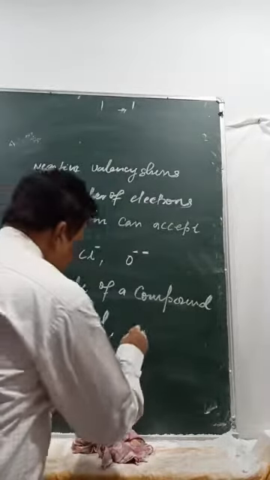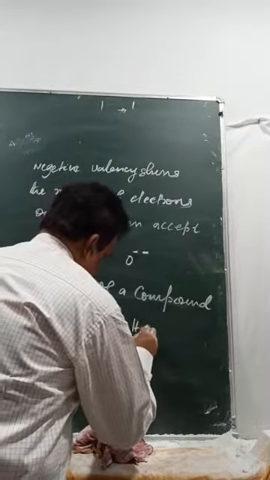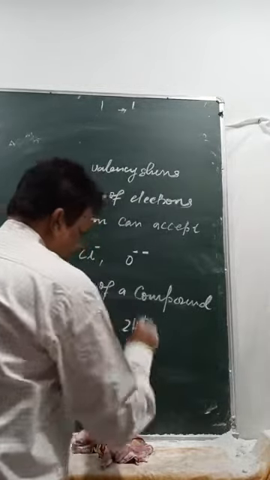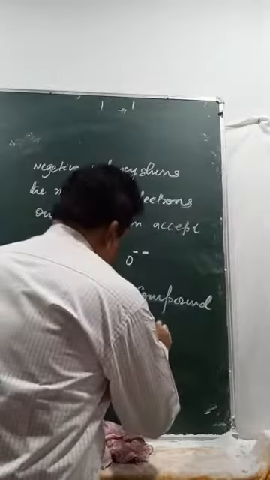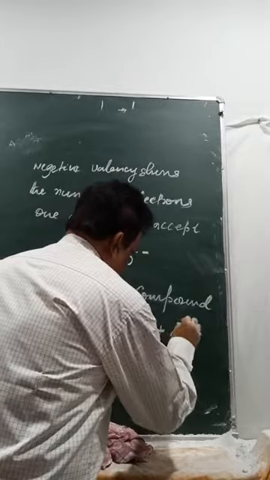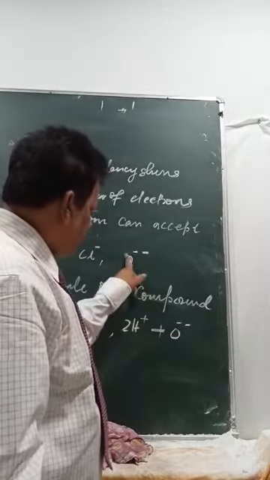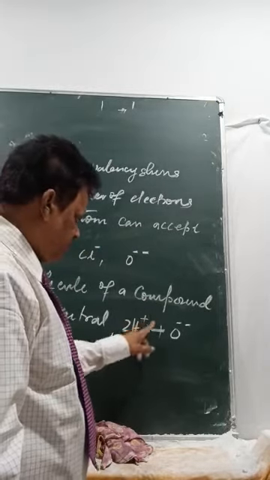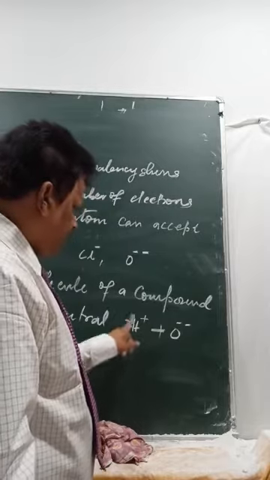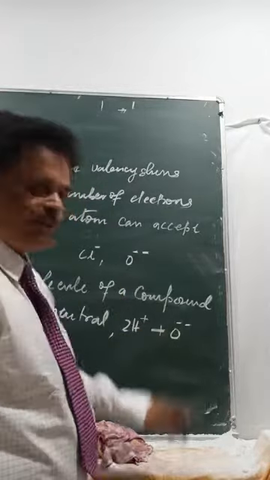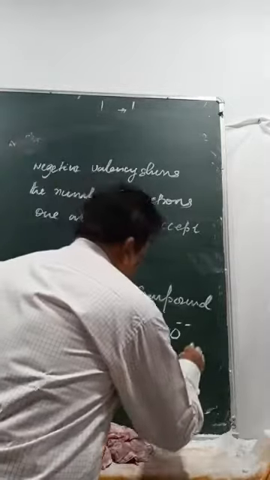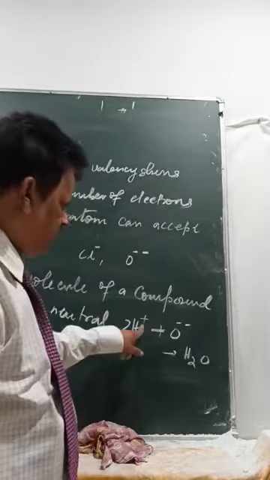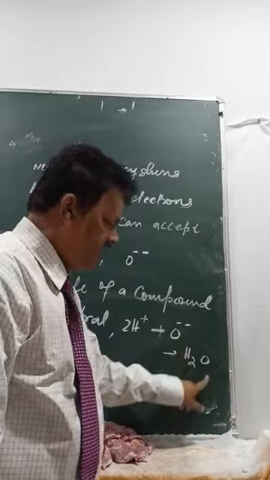For example, H plus, how many? 2H units with one oxygen, because it can receive two electrons. So 1H will give one electron, means we need two hydrogens to make it a compound, so that it becomes H2O. This is positive valency, this is negative valency, here it is neutral.